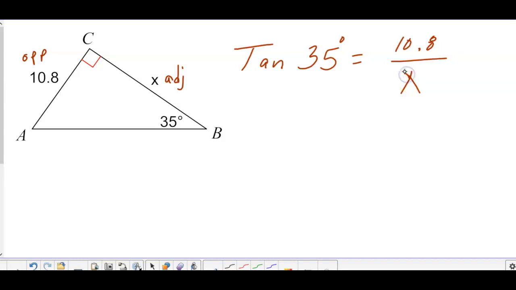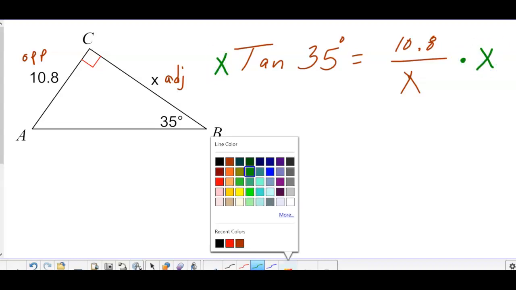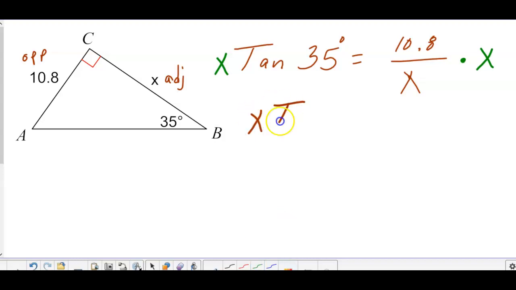Okay, for this, you're going to multiply both sides by x to clear out your denominator. So now we are left with x tangent of 35 equals 10.8. Okay, and like I said before, when you have a trig function of an angle, this is just a number.